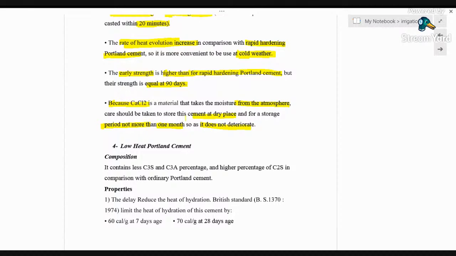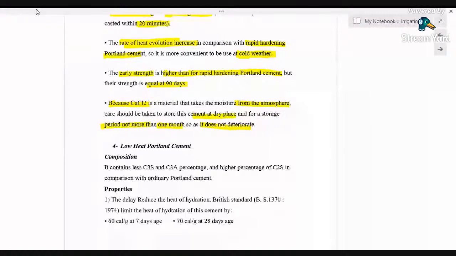So the cement quality will deteriorate. If you use that type of cement during construction, then the rate of gain of strength will not be adequate. We should always store the cement in a dry place where it will not be in contact with the atmosphere. The storage period should not be more than 1 month. Within 1 month, we have to use this kind of cement.